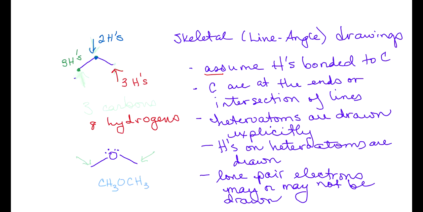What's the advantage of line angle? So let's go through the advantages of each. The advantage of condensed structural formulas is you can see each group explicitly, so we're not assuming anything. And your formula can be typed in a single line.